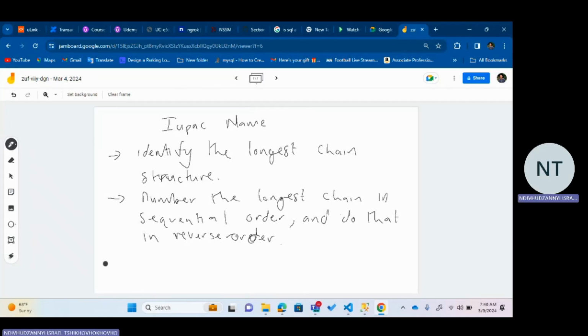Then I want you to identify something before you continue naming your structure, right? There's what we call order of precedence. Let me use this example. If we were to choose people to go and write a competition for maths in class, who will be the first person you choose? That's what I want you to think of right now when I say order of precedence.